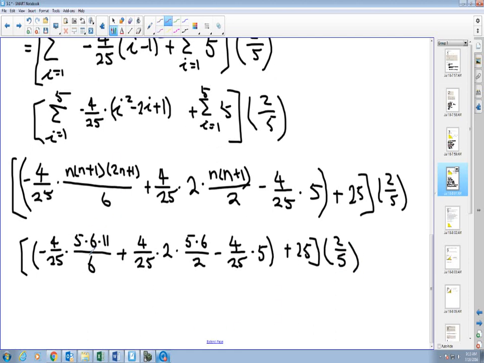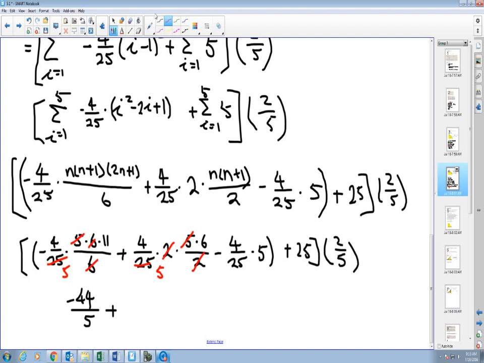Alright, so from here it's pretty easy. This kind of canceled out. That leaves me with a 5 again. So this first term is -44 over 5 plus, 2 and 2 cancel out. That leaves me with a 5 down here.